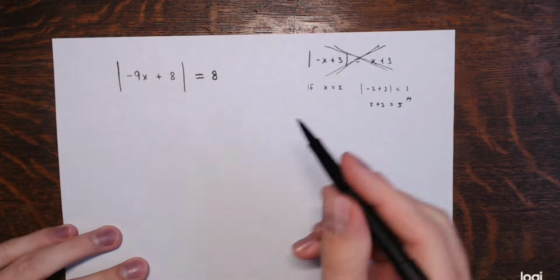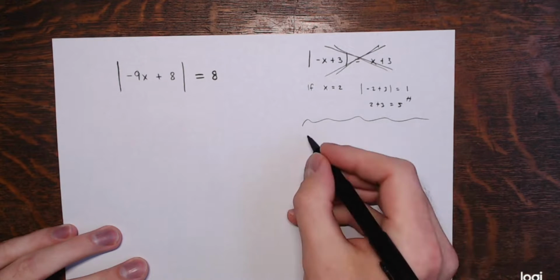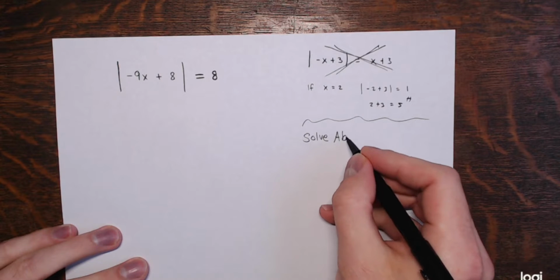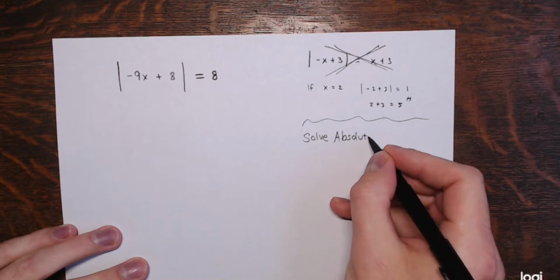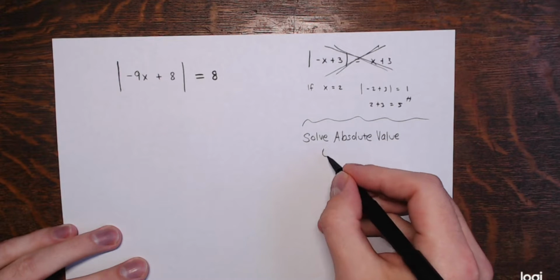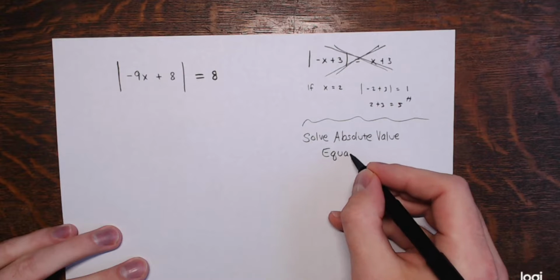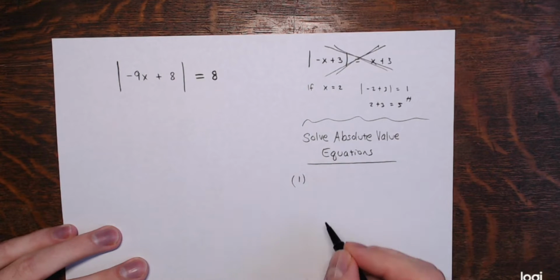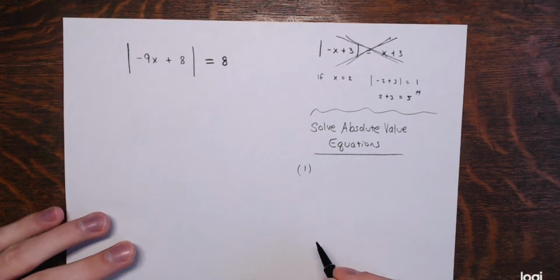Alright, so for solving these absolute value equations, I'll put some steps up over here. The first thing we're going to do is isolate the absolute value expression.